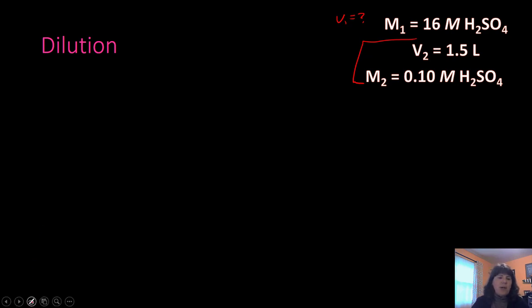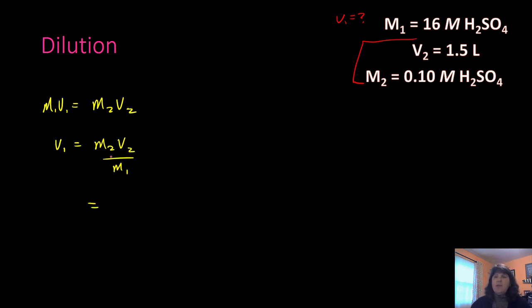Okay, I like to set up the problem here where I'm going to get M1, V1, M2, V2. You can substitute now and do the algebra. I like to rearrange now, and I'm going to divide both sides by M1. So I end up with V1 equals M2V2 over M1. Plug my numbers in, so M2 is 0.1, V2 is 1.5 liters, divided by, now we need M1, which is 16.